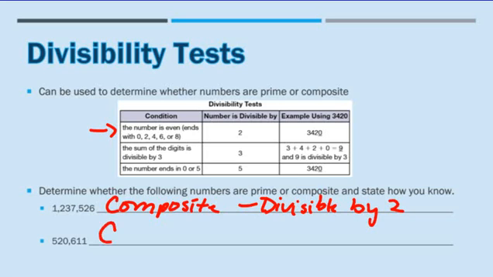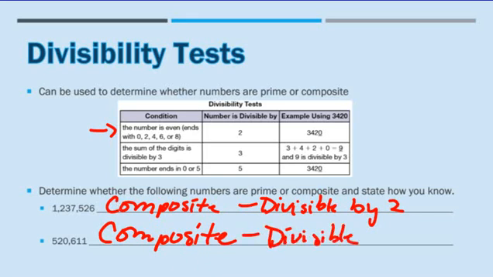So this is composite, and the reason is it's divisible by 3. Again, if it's divisible by a number greater than 1, then it's composite. If it's divisible only by 1 and itself, then it would be prime.